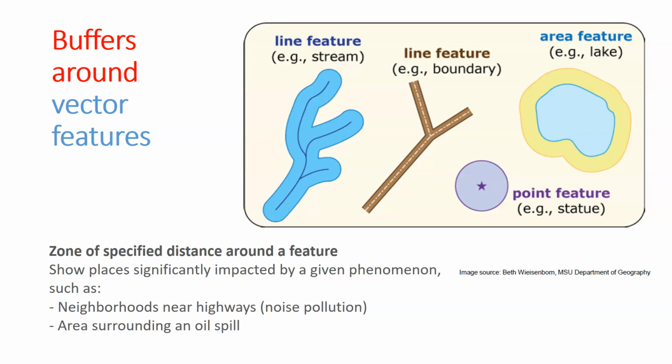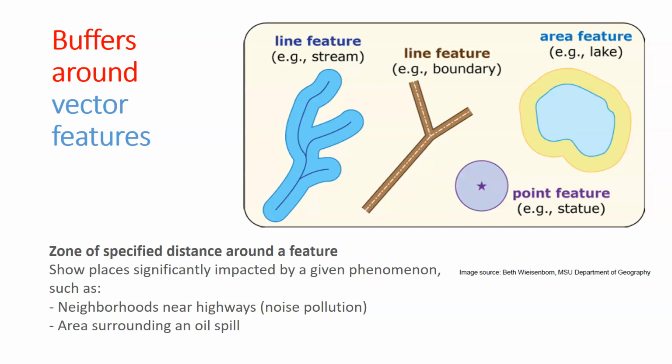To create a buffer, you have to specify the distance. So when you use a tool that performs buffering, you have to tell GIS what distance you need to delineate that zone. Why do we use buffers?